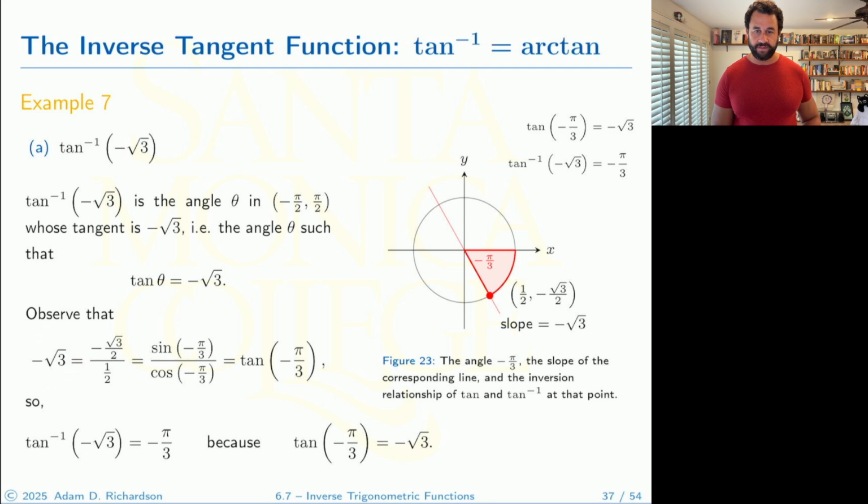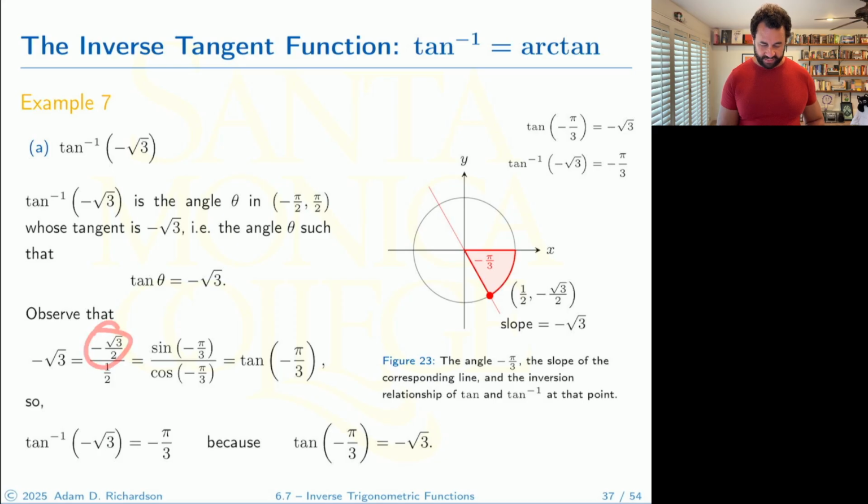Negative root 3, we can basically multiply by a clever 1. And in this case, the clever 1 is 1/2 over 1/2. And we can rewrite this equivalently as negative root 3 over 2 over 1/2. Now, remember, tangent is sine over cosine, right?